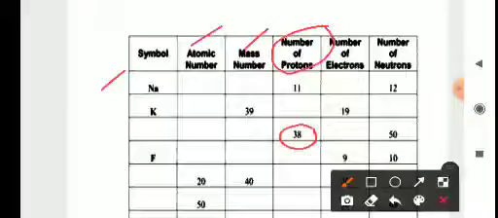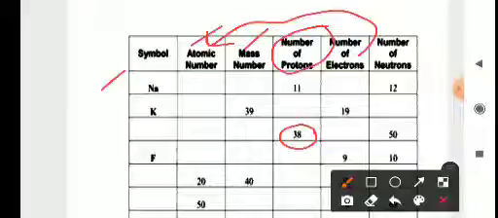As we know, the number of protons is equal to the number of electrons, and the number of electrons is equal to the atomic number. So we will find the element which has the atomic number 38. For atomic number 38, it will be strontium, Sr. Its atomic number is 38 and its mass number is 88.